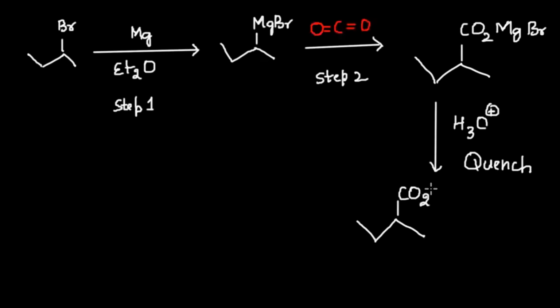So you have prepared carboxylic acid from alkyl halides via Grignard reagents. You are going to get 86% yield here. This is a very good method.